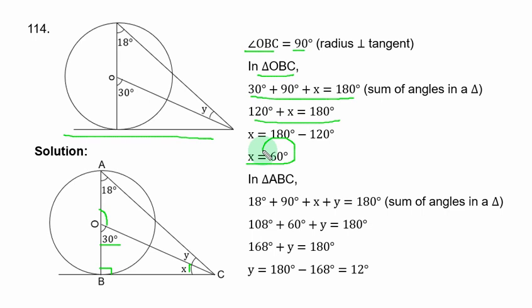To get Y, you can consider triangle ABC. In that triangle, if you add all the angles in it, the sum is equal to 180 degrees. Notice that you have two angles.